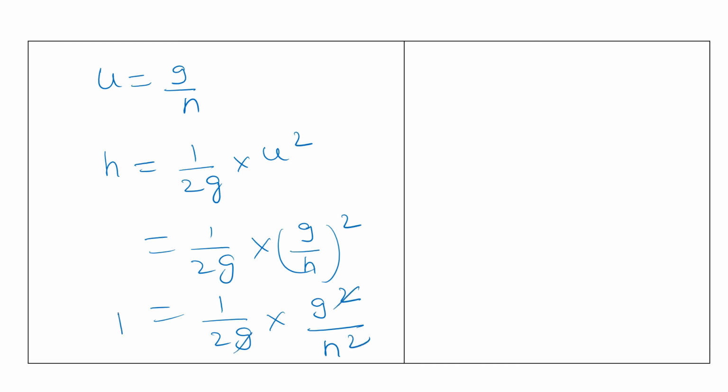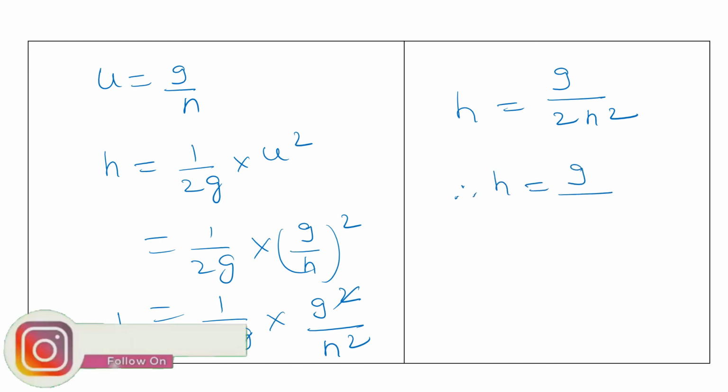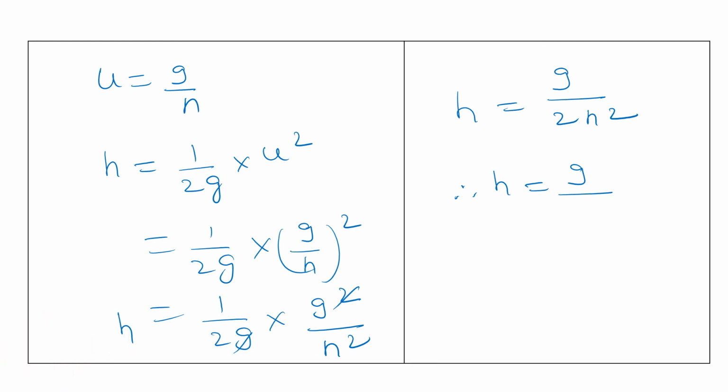One g gets cancelled. So h is equal to g by 2n square. So therefore height h is equal to g by 2n square.